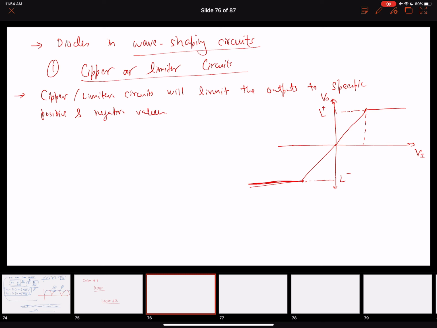For example, if we have a sinusoidal waveform, it is going to limit the positive and limit the negative. And we can specifically design our circuit such that we define our L positive and L negative values ourselves.